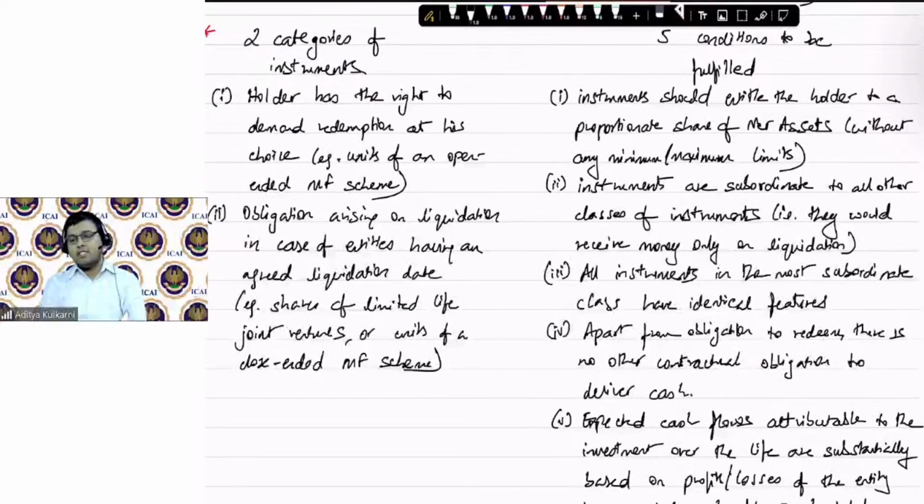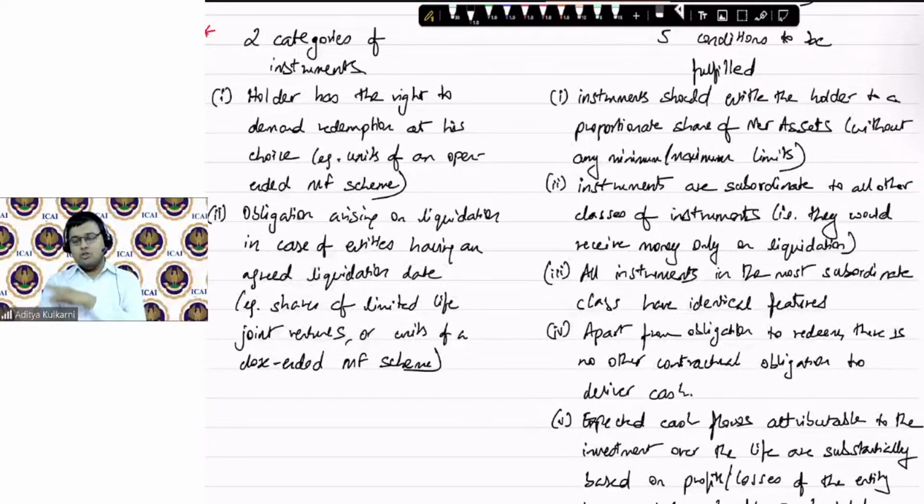Apart from obligation to redeem, no other obligation to deliver cash. And the cash flows are largely dependent on the performance. So clearly open-ended mutual fund units are dependent on the NAV. And what is NAV? That is a reflection of the performance of the fund.